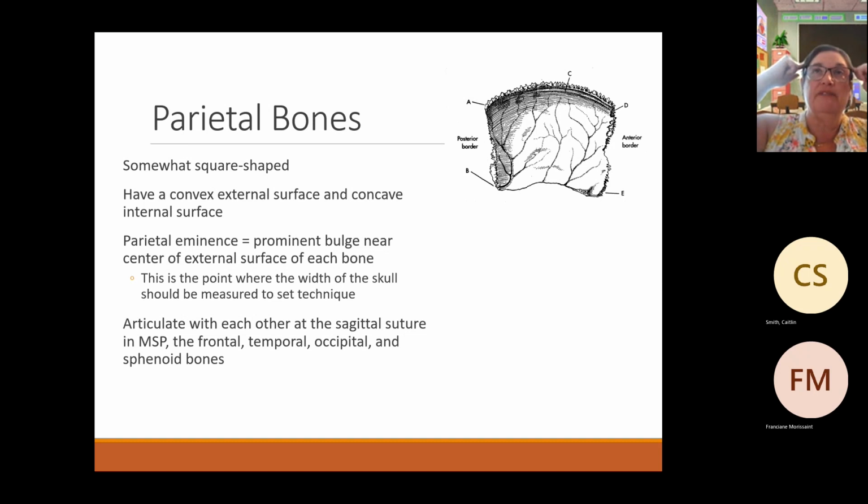That's the widest part of the skull. In some cases, if they have to manually produce a technique, they will measure the skull from that part. Now, the parietal bones articulate with each other at the sagittal suture. They articulate with the frontal, temporal, occipital, and sphenoid bones.